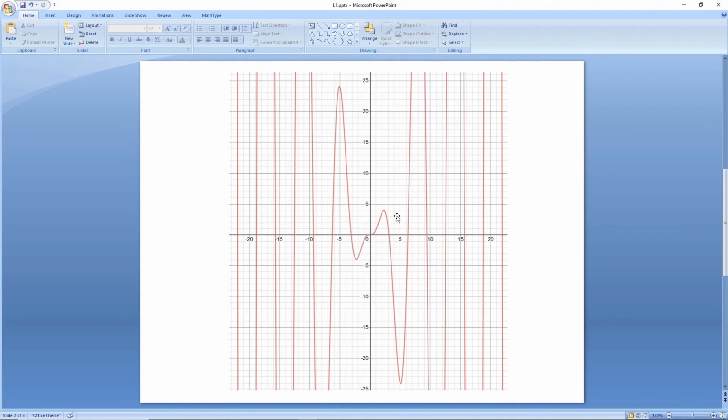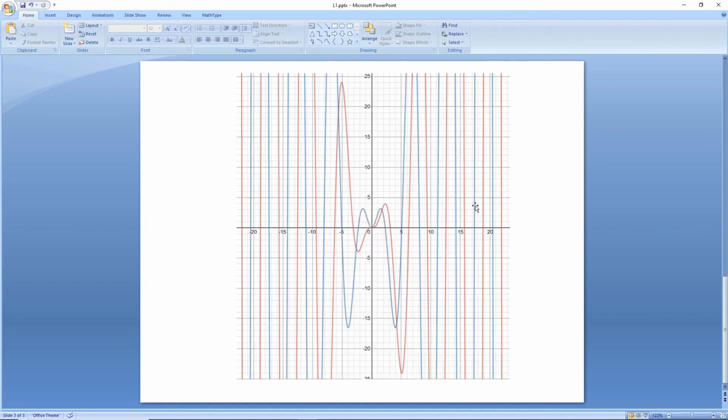And I'm going to put up here now the derivative. So the red line is the function, and the derivative is the blue line. Now I know that's pretty confusing looking here, but remember the red line is the function, and at the very top here of the function, notice the blue line has an x-intercept.